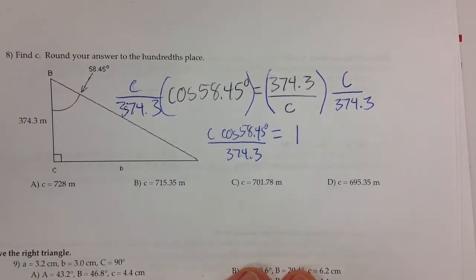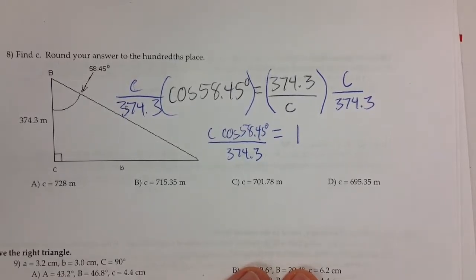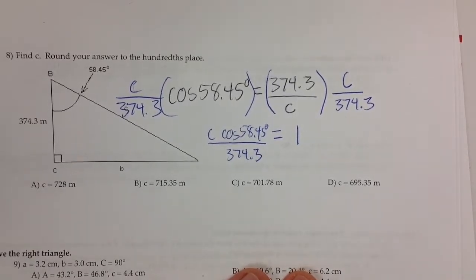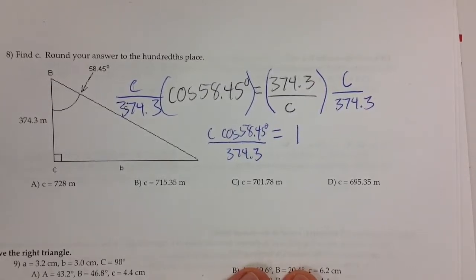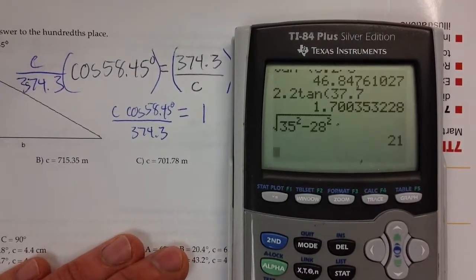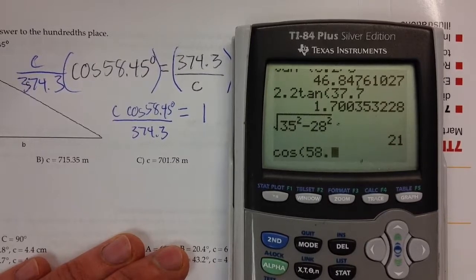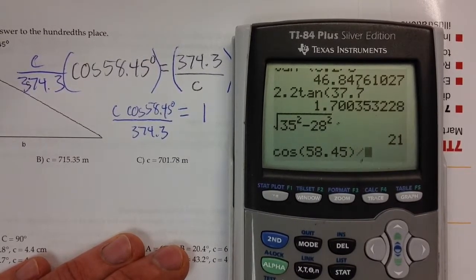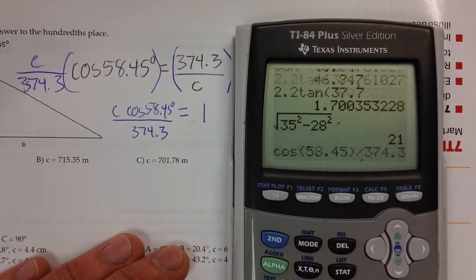Tell me more info. I'm sorry, what am I dividing? You would do cosine of 58.45, close paren, divided by 374.3.